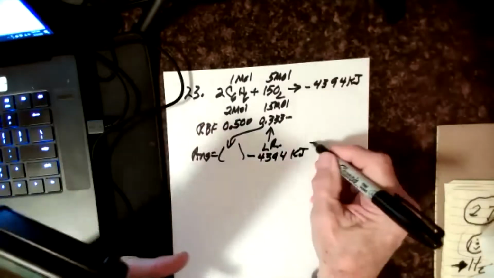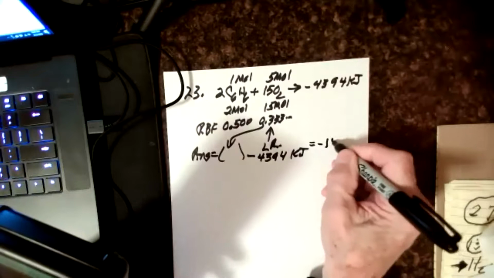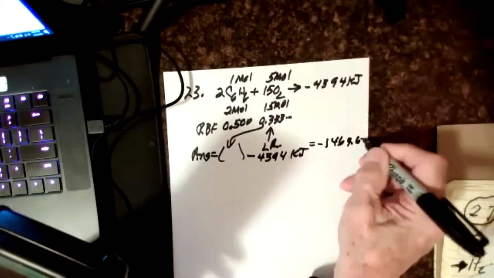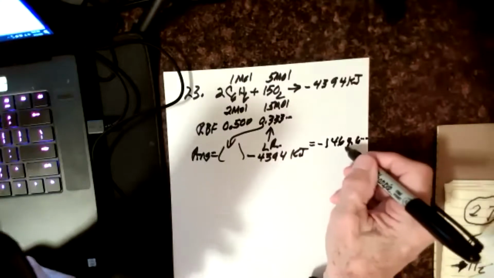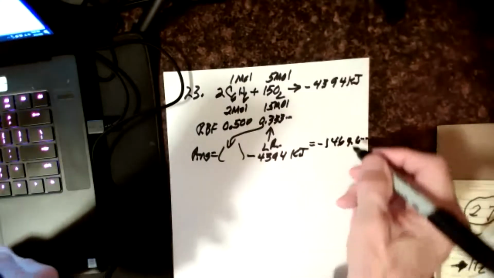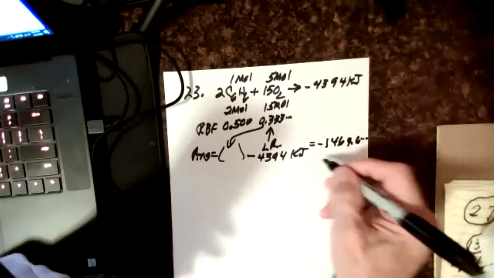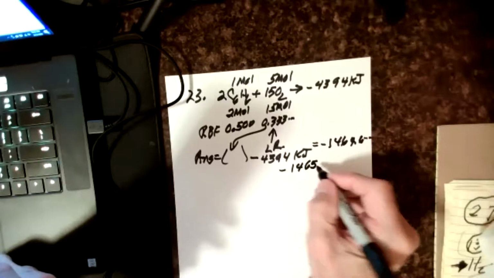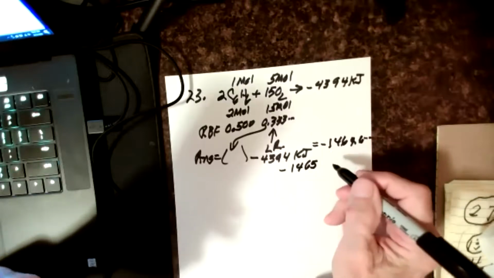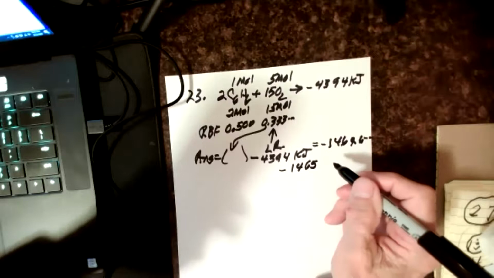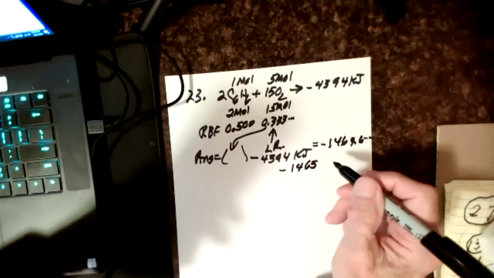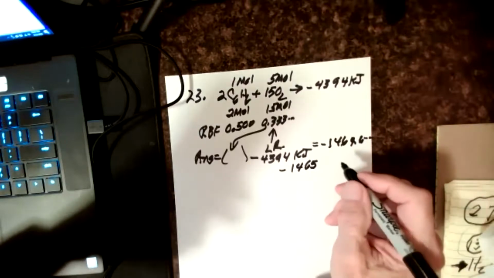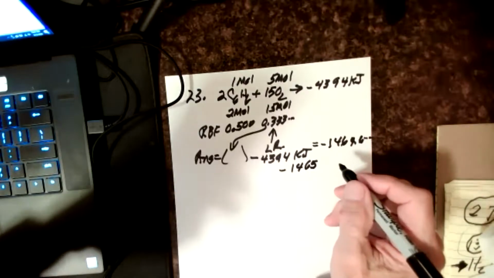And I'm coming out with minus 1464.6666. So 1465, with no decimal places like the answers are showing. Well, it says 1464 evolved and 1465 absorbed.